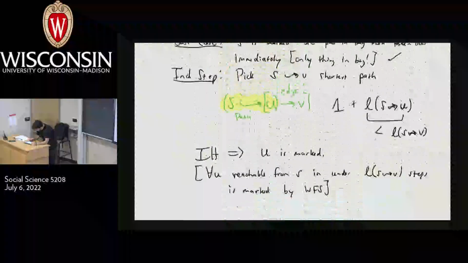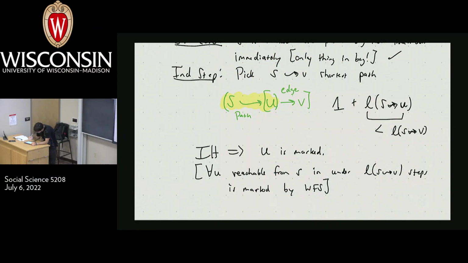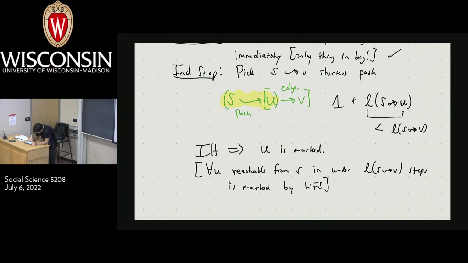So that's the proof. So U is marked, and then V is put in the bag when U is marked. So V is taken from the bag eventually and marked at that point.